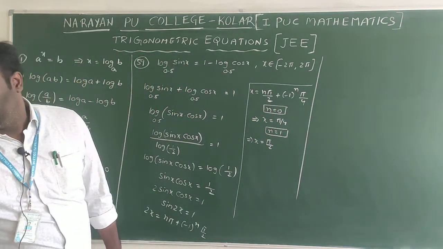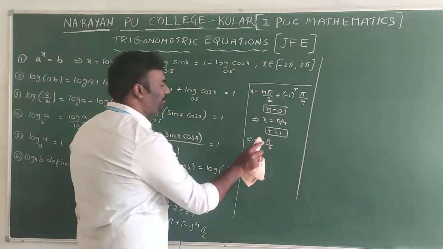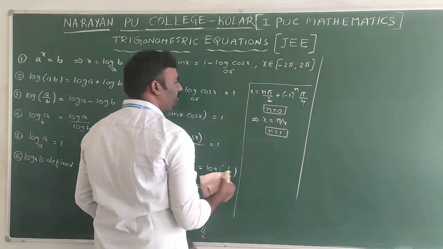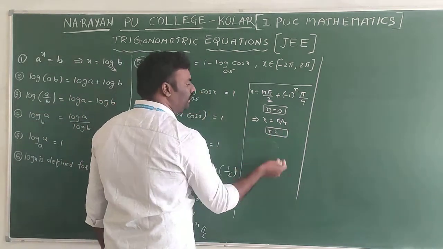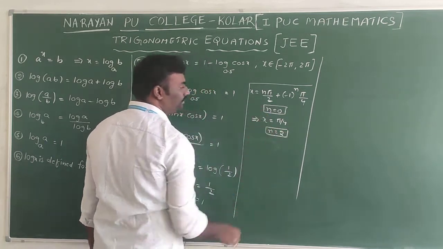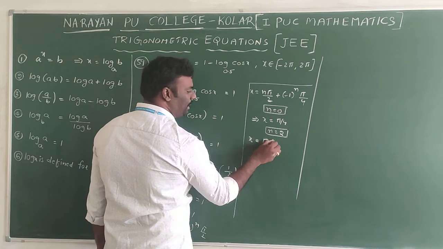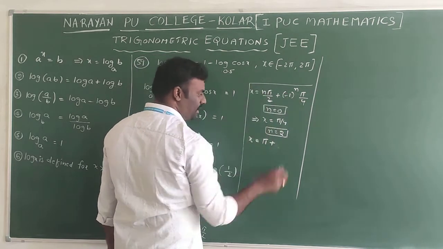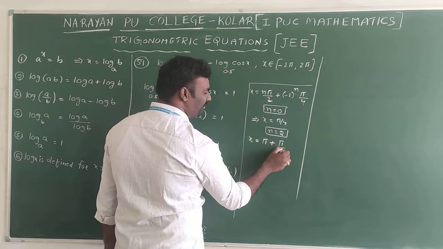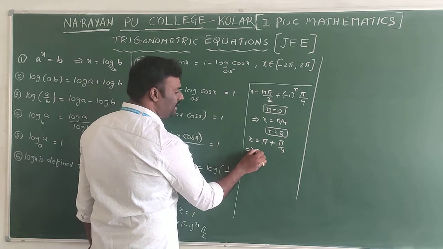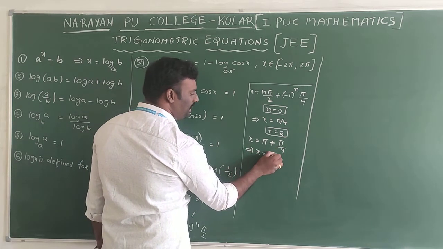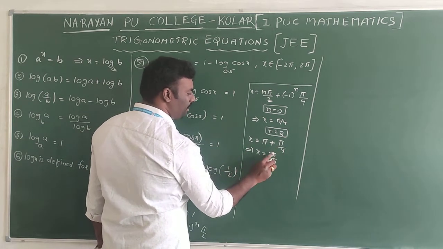So this is repeated, that's why don't take this. Next, n equals 2 I am substituting. Then x is equal to 2 pi by 2, that is nothing but pi, plus minus 1 square, 1, plus pi by 4. Then we can write x is equal to 5 pi by 4.